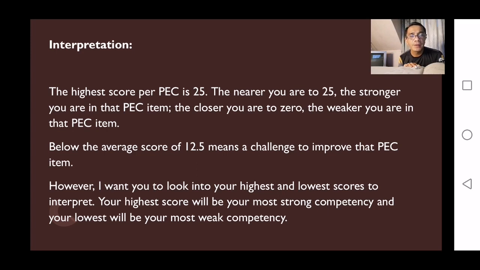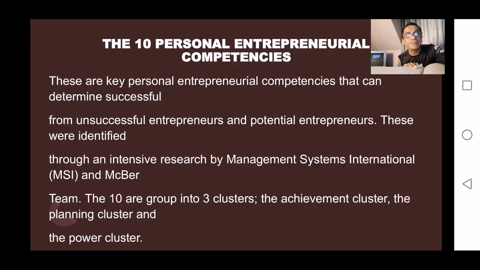However, I want you to look into your highest and lowest scores to interpret. Your highest score will be your most strong competency and your lowest will be your most weak competency. Okay? So, kaya nga self-assessment yan eh. So, magkakaiba kayo ng sagot dito kasi depende yan kung paano nyo i-interpret yung questions 1 to 55.